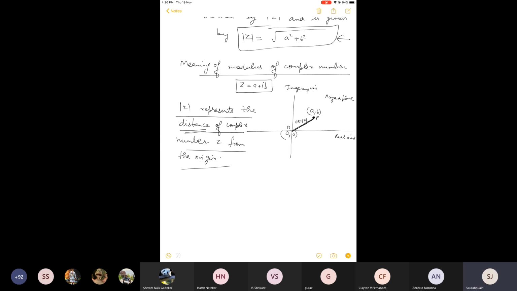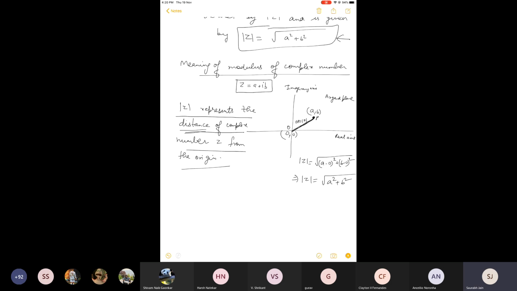To find this value, those who have studied the distance formula in straight lines in class 10th can easily tell the formula. Mod z is under root of a minus 0 whole square plus b minus 0 whole square, so mod z is under root of a square plus b square.